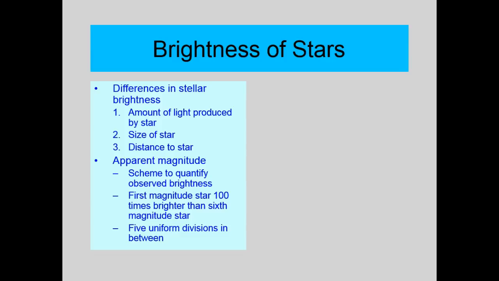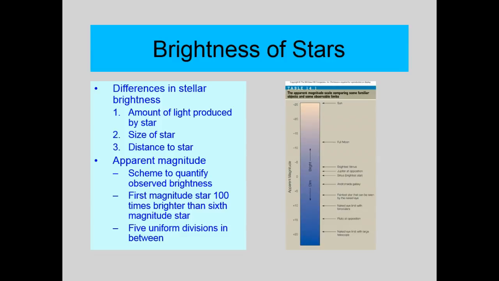There are 5 uniform divisions in between that, and you just split it down by like 20 times, 30 times, 40 times, 60 times, 80 times, that kind of stuff. So 5 uniform divisions in between the sixth magnitude, which you barely can see, and the first magnitude, which is the brightest star we can see other than the sun. Okay? And here's a table.